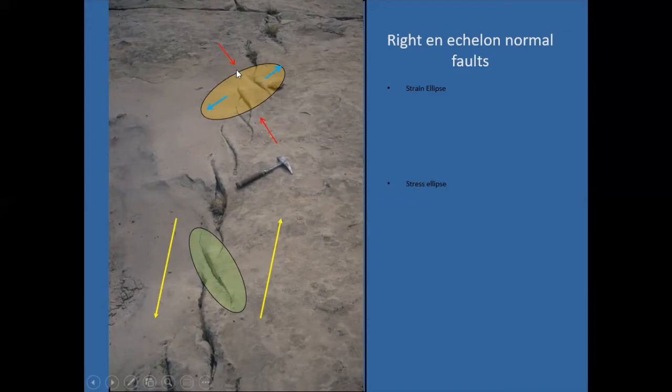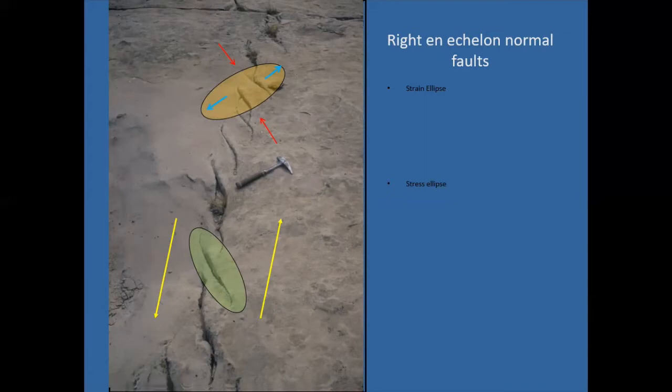If this is the maximum compression direction, and this is the orientation of the main fault strand, this maximum compression coming from this side, oblique to the strike of the fault, will push this part of the fault blocks to the left, and this side will be pushed to the right. That makes it a left lateral strike-slip fault.